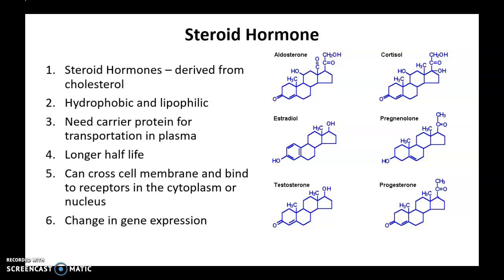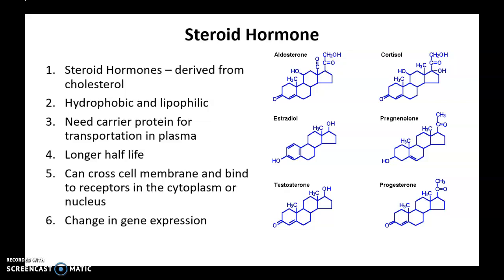Now, these rings actually tell us something about the behavior of the hormone. It tells us that these hormones do not love water. They hate water. They're hydrophobic. But they love lipids. They're lipophilic.